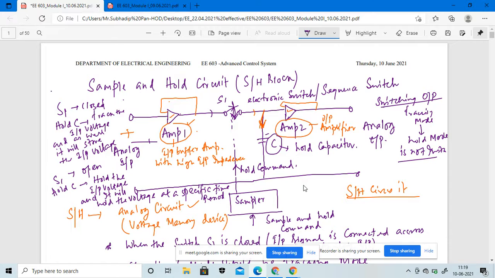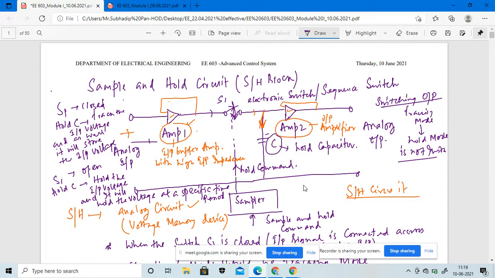The circuit must stay in tracking mode, although we are giving the hold command from the sampler. Why? Because if I give the hold command to the particular stage, the circuit will stay in tracking mode for a short period of time, not a full period, for a short duration of time.